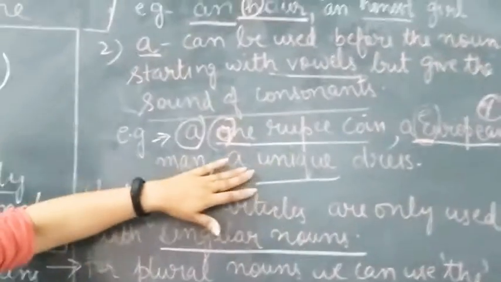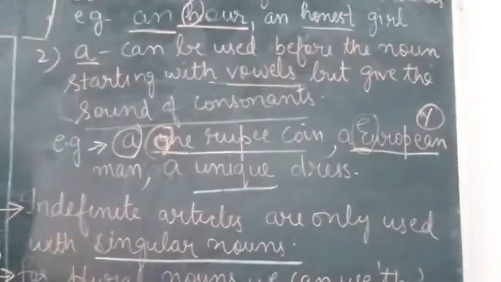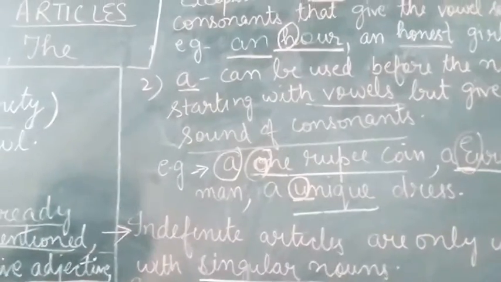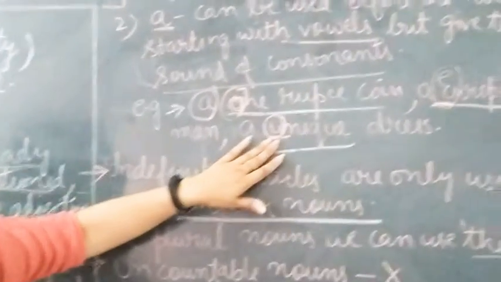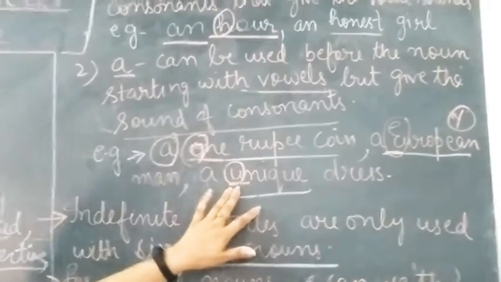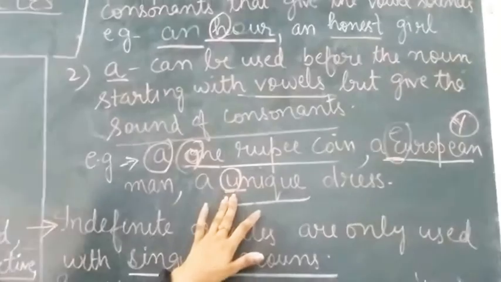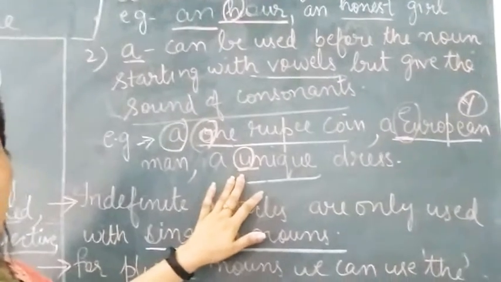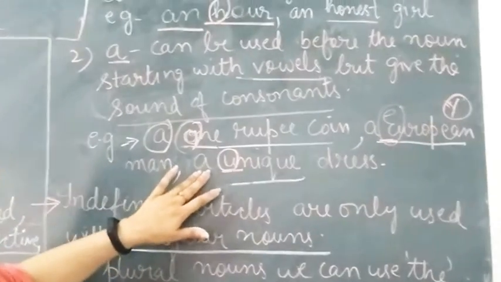Then a unique dress. Here U is again a vowel, but it is not giving us the sound of a vowel, it is giving us the sound of a consonant, a Y sound. We are not getting an A sound. Okay, so it's very simple.